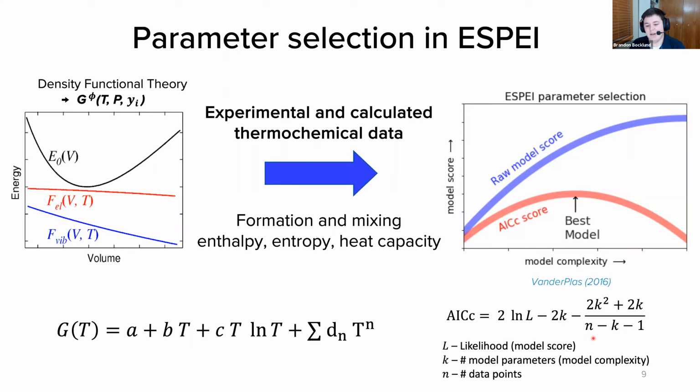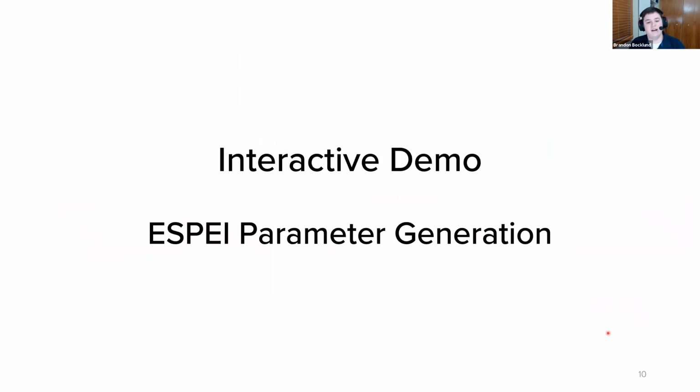And so this n term takes that into account. Okay, and so this is basically all of the single phase parameter generation fitting from the theory side. And so now I'll give a short demo on how this works in our Jupyter notebooks.